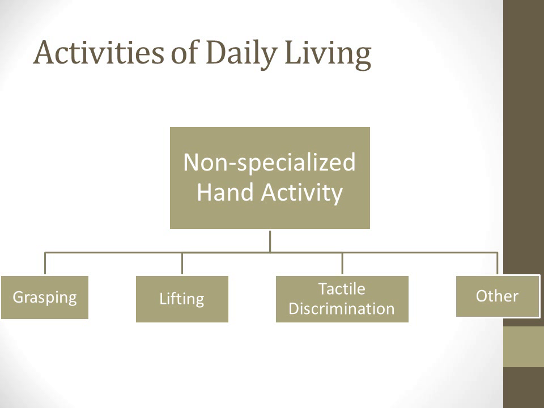So you might want to consider discussing lifting under the other section in the physical activities section. Okay, so this section involves grasping, lifting, tactile discrimination, and other. Other gives the injured worker a chance to elaborate on other limitations that they might have, in this case with their hands.